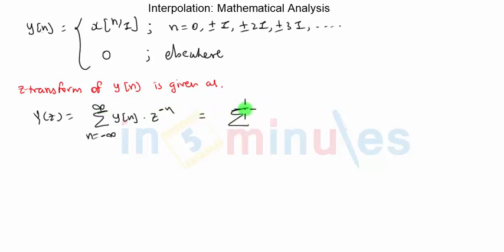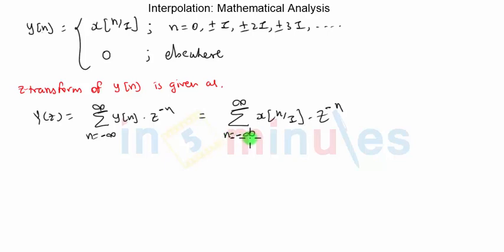This will further be equal to summation x of n by I into z raised to minus n. Even though x of n by I is the expression for specific values of n, we are considering the other values of n also here simply because for the remaining values of n, y of n is anyways 0.